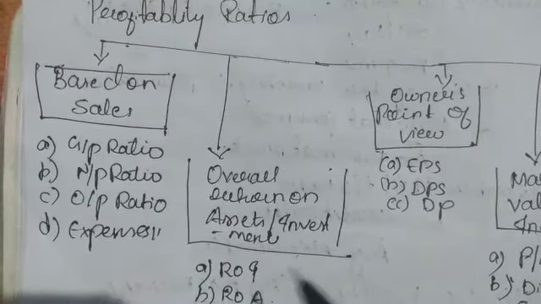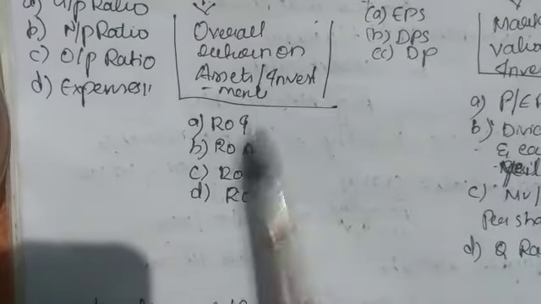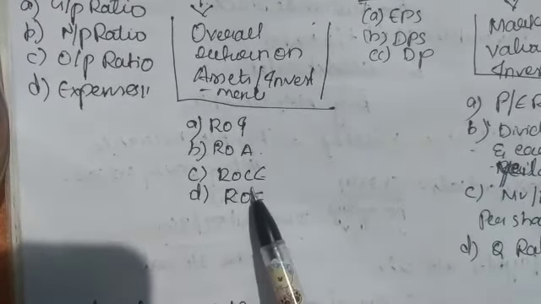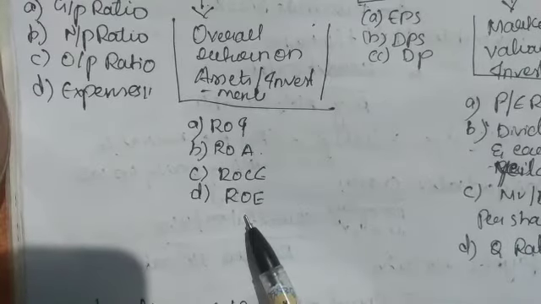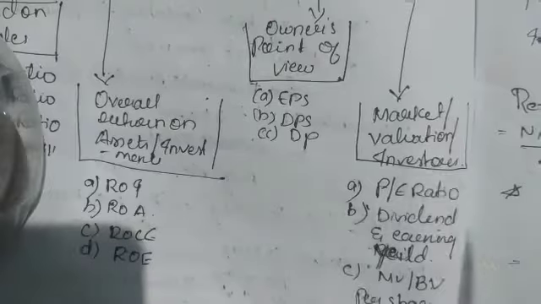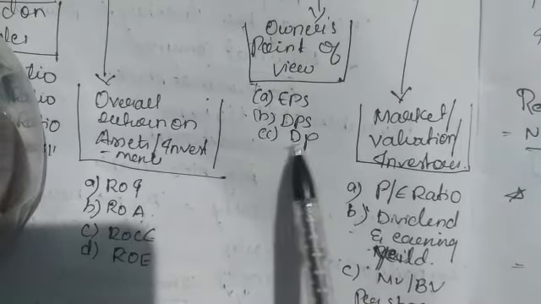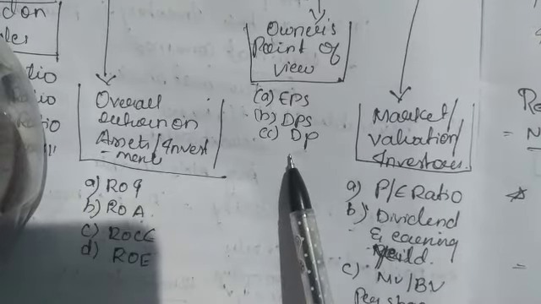The next is based on the assets. ROI is return on investment, return on assets, return on capital employed, and return on equity. And the next set is owner's point of view: earnings per share, dividend per share, and dividend payout ratio.